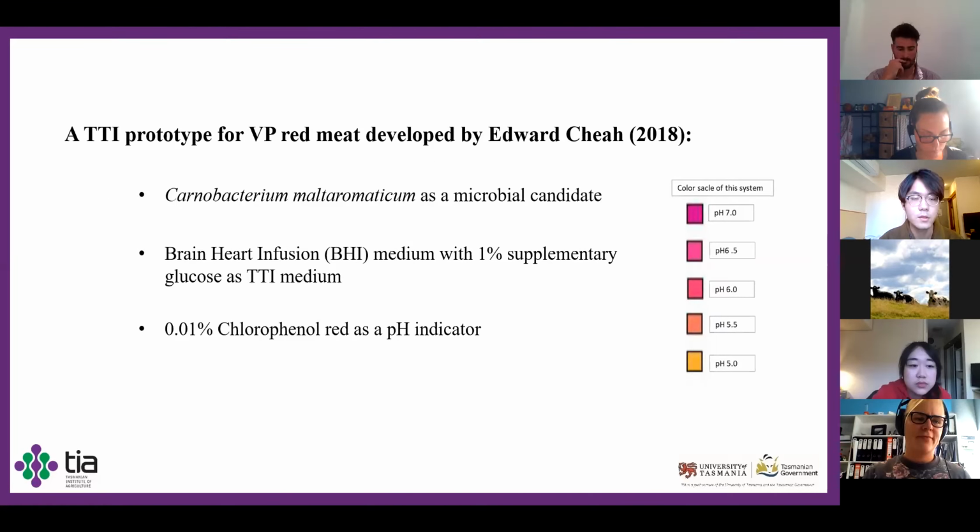This is a TTI prototype developed by one of the previous students, and it's designed for Australian vacuum packed red meat.